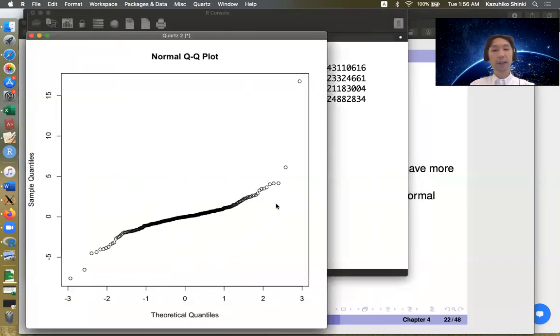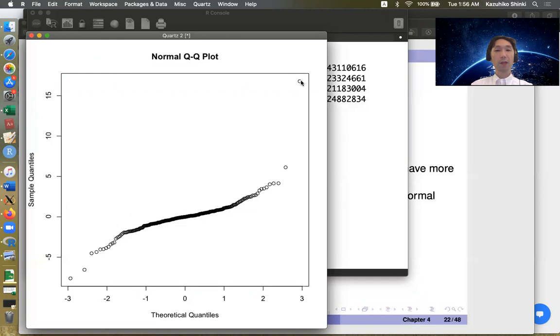The QQ-plot looks like this. Most observations at the center, maybe from negative 1 to positive 1, are almost on a straight line. Here the scale is 0, 5, 10, so it's probably on the straight line y equals x or something similar. But these observations are clearly different.